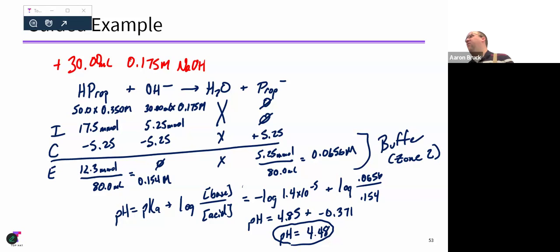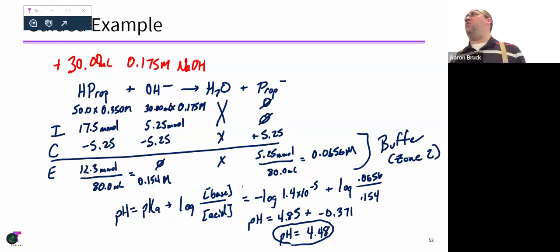Now, mind you, remember the difference between the strong acid and the weak acid titration. The strong acid titration would probably still be hanging around pretty close to where it started. If it started at 2, it'd probably be at like 2.5 right now. It'd be very, very close because the neutralization would just knock out free hydronium.